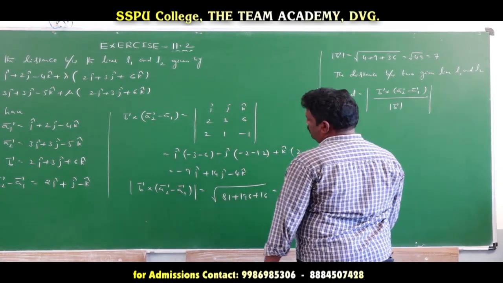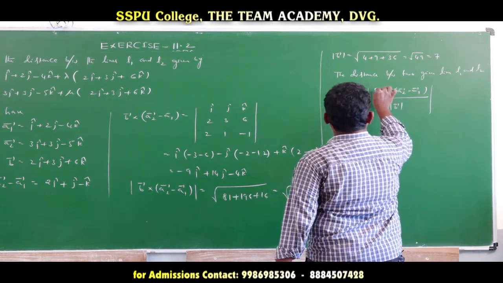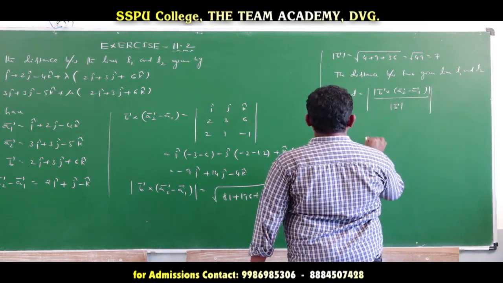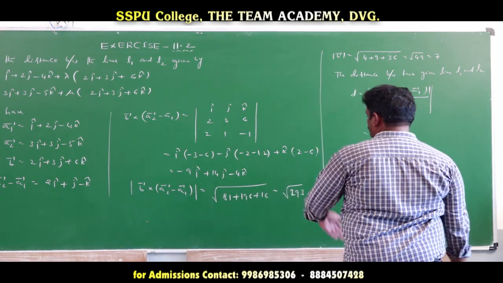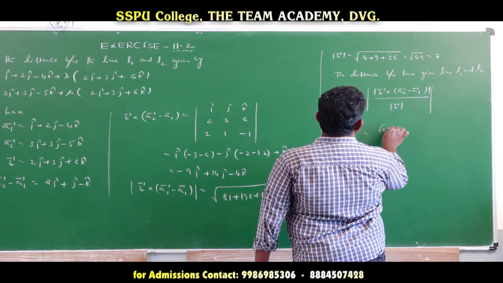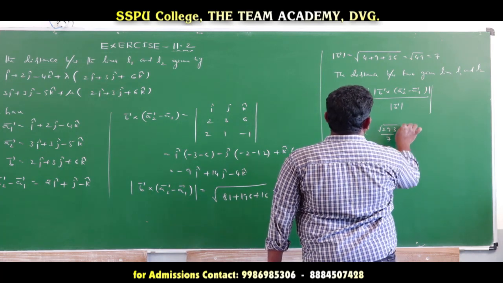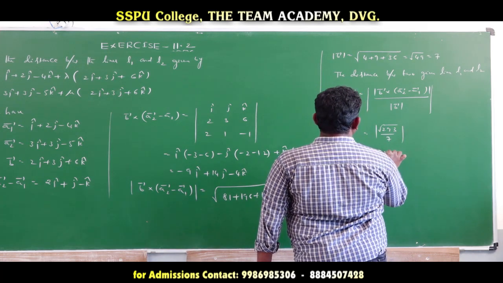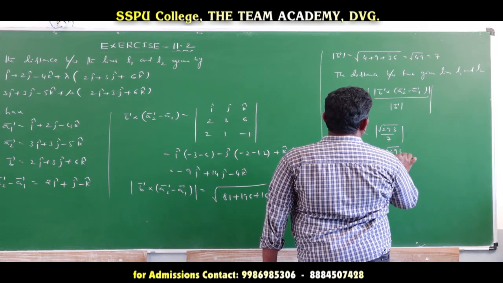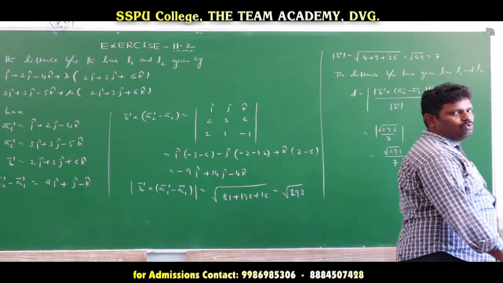Magnitude of this value is equal to root 293 by 7. So this is the magnitude, means positive value, square root of 293 by 7.